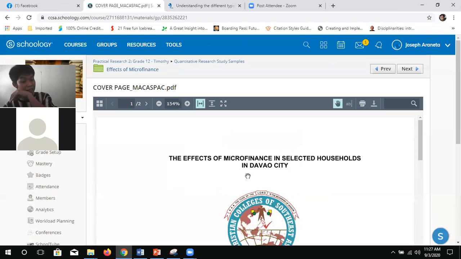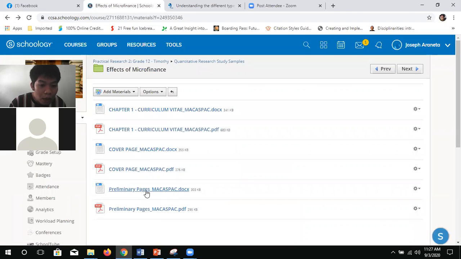They're only dealing with the effects of microfinance. Wala silang other variables dito, kundi kung ano lang yung specific dimension nila.